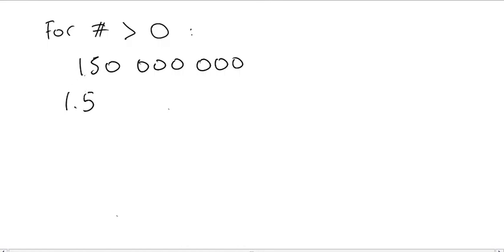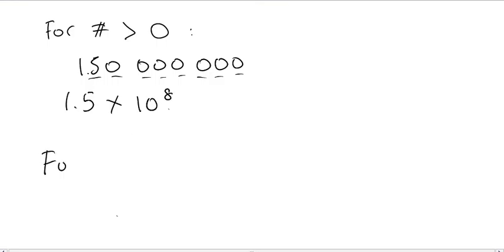We use 1.5 because 15 is too big. And then the exponent is the number of digits until the end. We can just count them: 1, 2, 3, 4, 5, 6, 7, 8. So it's times 10 to the power of 8.